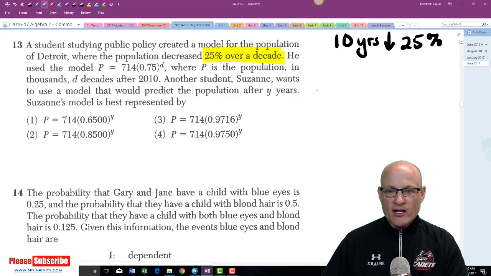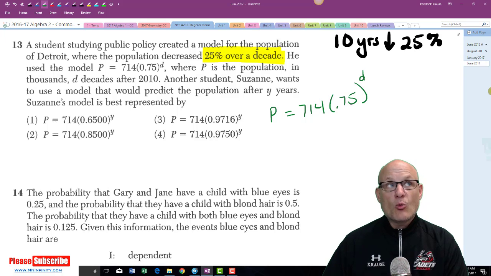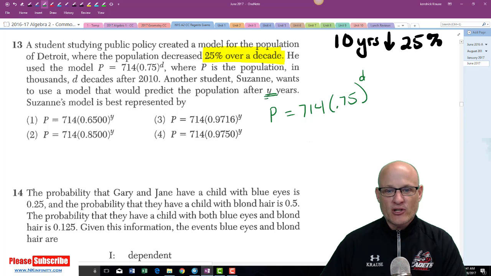Hence this formula: P is equal to 714.75 to the D. Now, what we want is this in terms of years, Y, in terms of years.